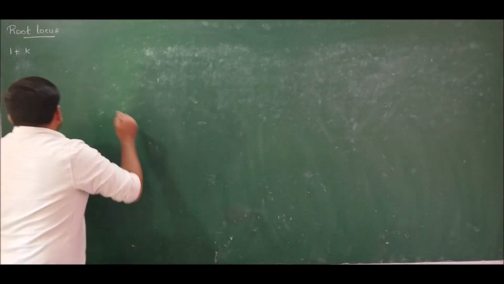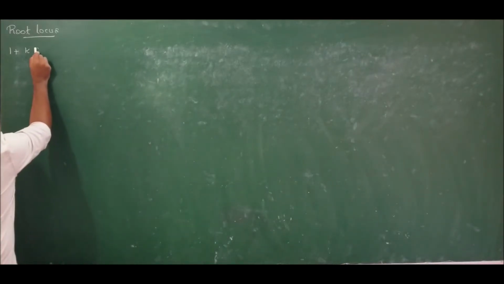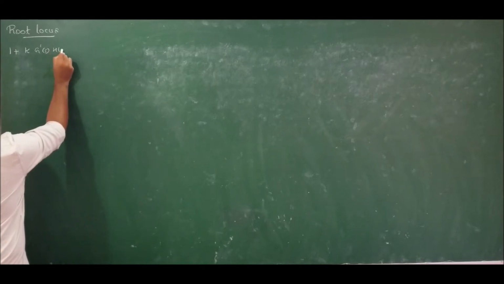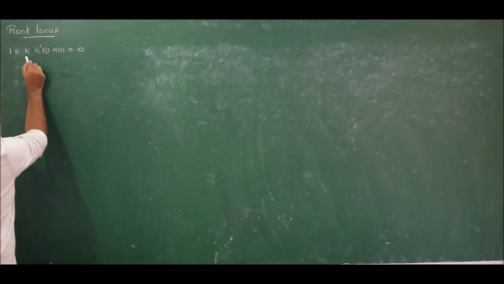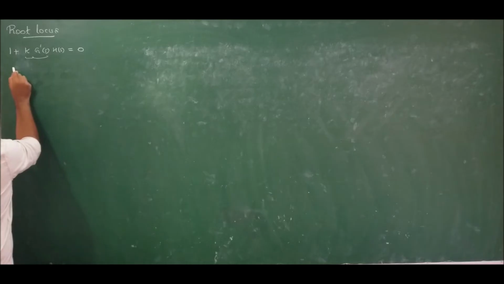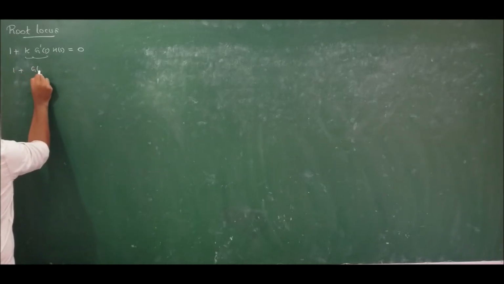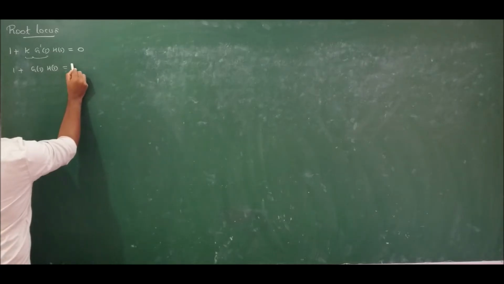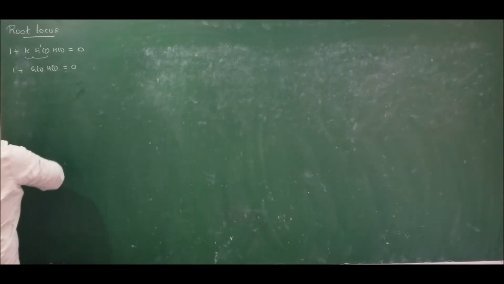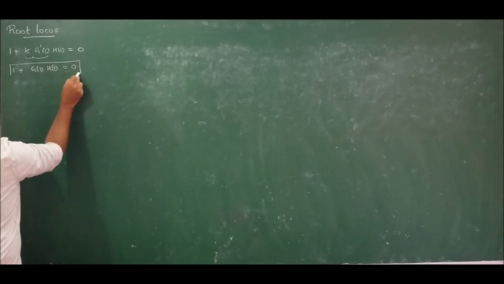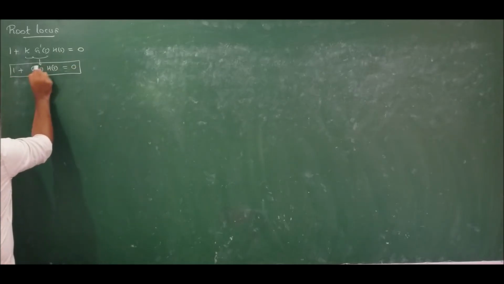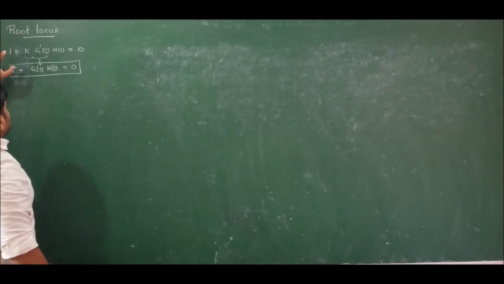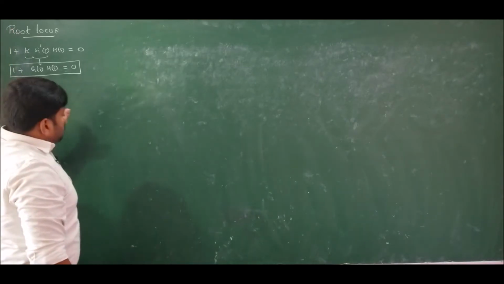Now the characteristic equation that I wrote is 1 plus k g dash of s h of s is equal to 0. Let me call this g of s. G of s is nothing but the product of k times g dash of s h of s in the characteristic equation, right? Now I want to vary the value of k and see the movement of poles.